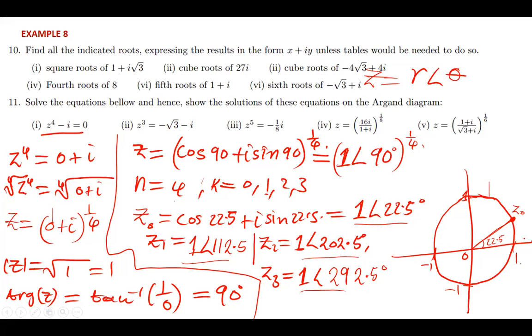Then from there, I have Z1, which is 112.5, which is in the second quadrant, 112.5. So to make my work easy, I'm going to subtract 22.5 from 112.5. And that gives 90.